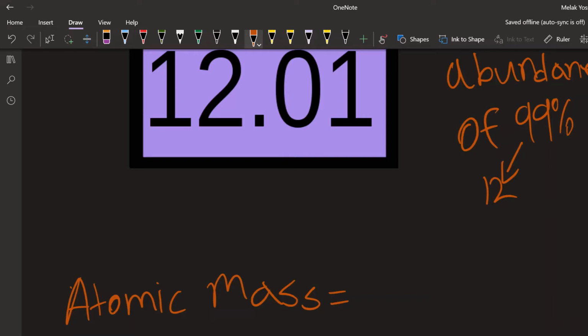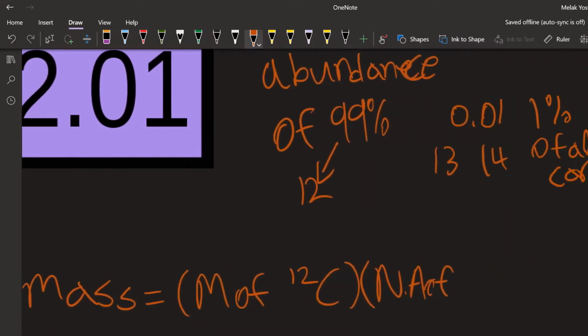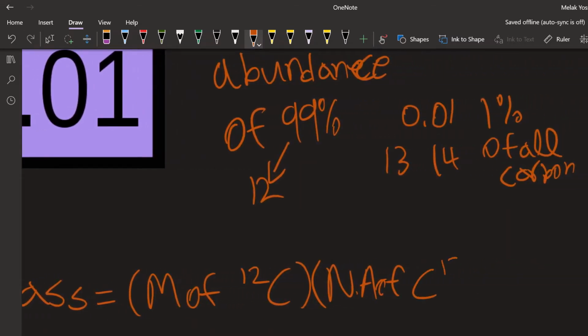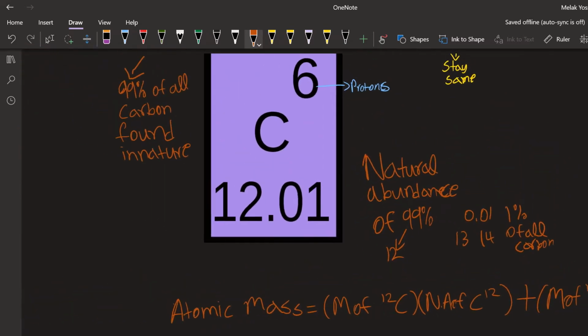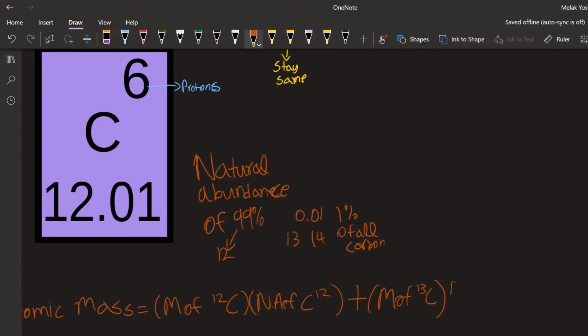So for carbon, it's going to be the mass of C12 times the natural abundance of C12, plus the mass of 13C times the natural abundance of 13C, etc. And then you add the last isotope.